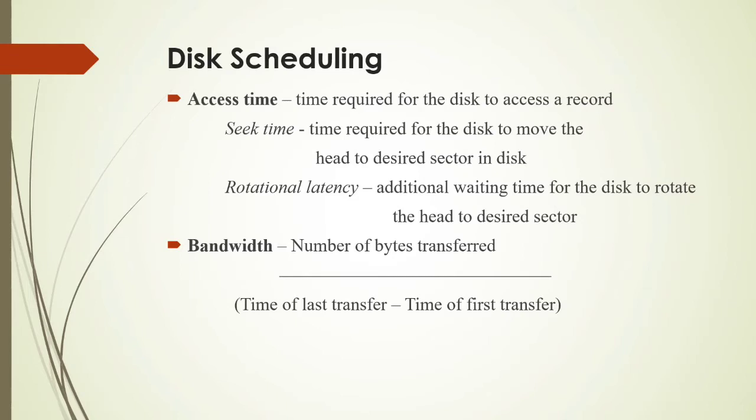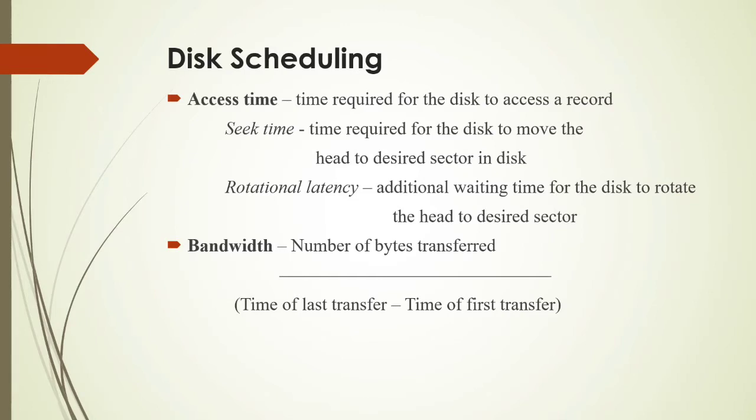Basically, we have a concept called access time, which is the time required for the disk to access a particular record. This record will be given as an output to the user according to their input-output request.